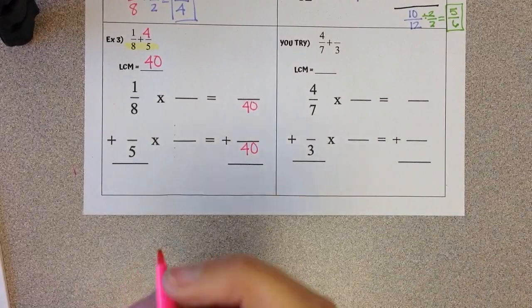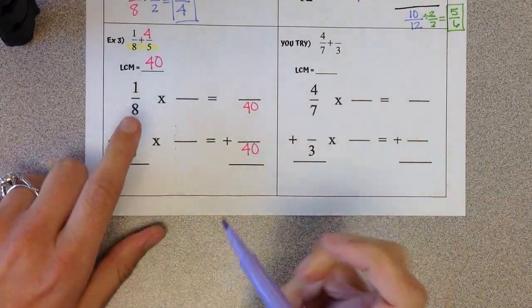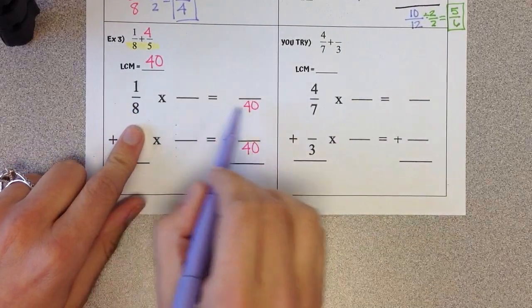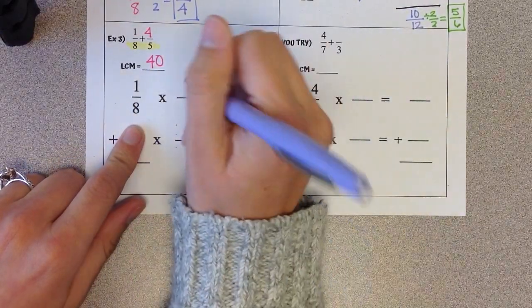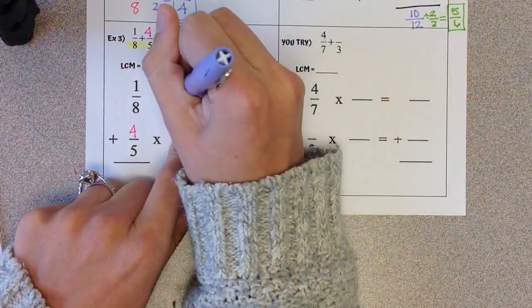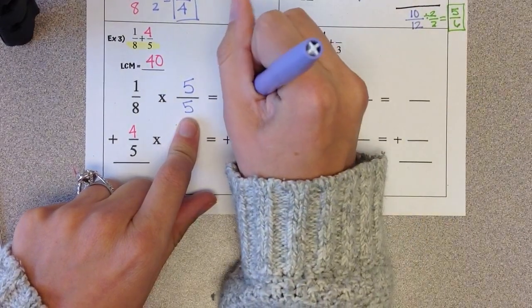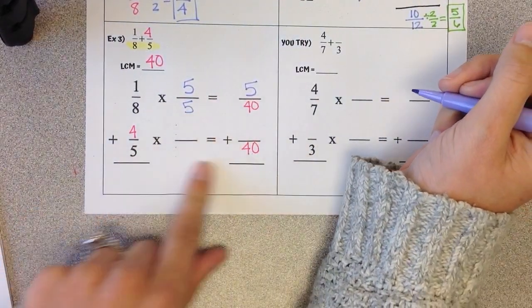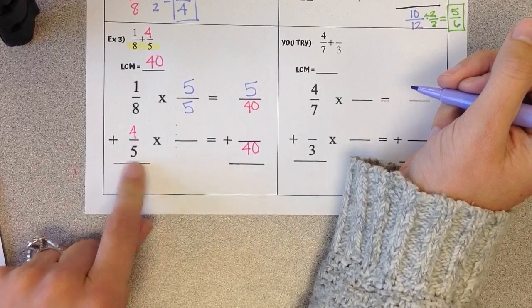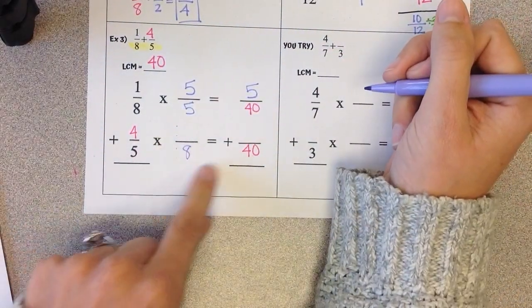Now I need to figure out how do I convert to it. So I need 8 to become 40. What do I need to multiply it by to get to 40? 8 times 5 equals 40. If I multiply the bottom by 5, I need to multiply the top by 5. 1 times 5 is 5. For this bottom fraction, 5 to get to 40, I have to multiply 5 by 8. 5 times 8 is 40.